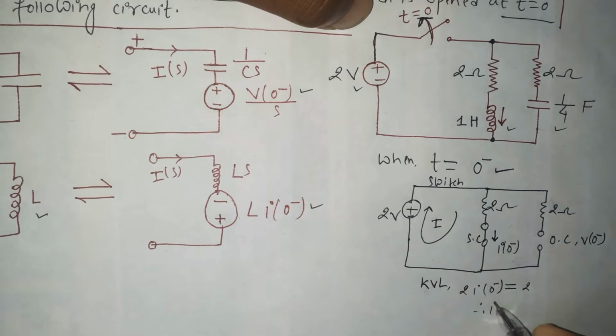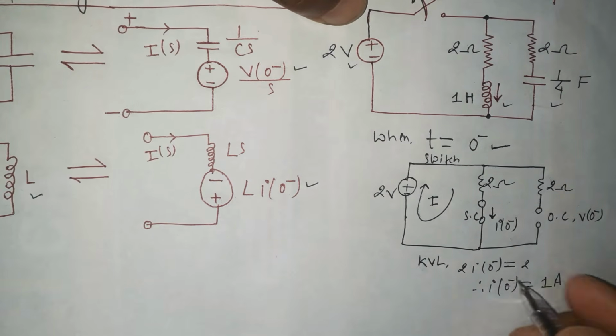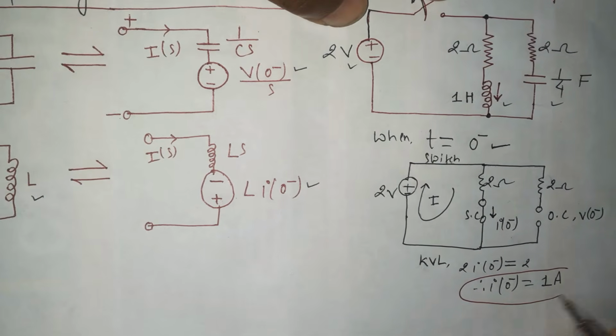Therefore, the value of I 0 minus will be just 2 over 2, which is 1 ampere. Here we have calculated the current flowing through the inductor when t equals 0 minus as 1 ampere. This is one requirement.